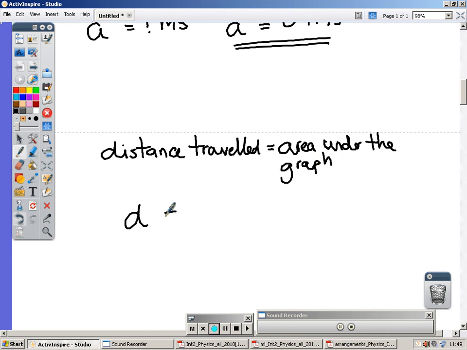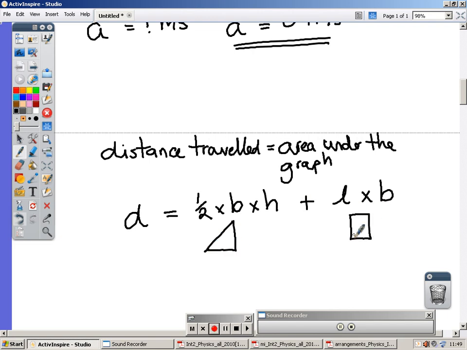So the distance equals a half times base times height plus length times breadth. And I'm just going to draw the triangle there and draw the rectangle there.